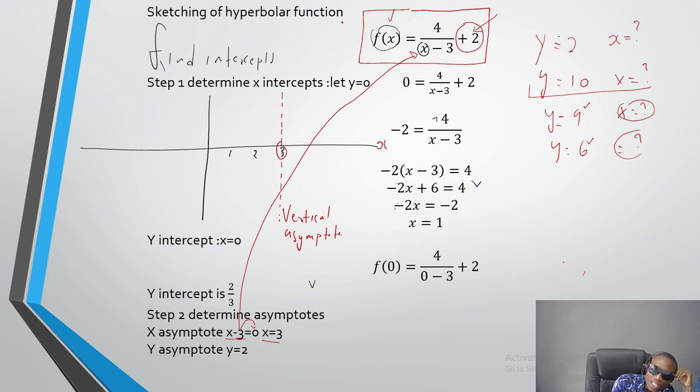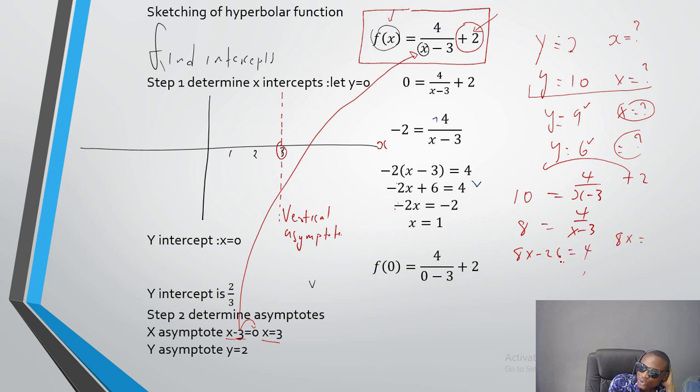So let's check. In f of x, we put 10. y is 10. What is the value of x? I will be quick here. Take 2 to the other side, 8. Cross multiply, 8x minus 26 equals 4. 8x equals, you take minus 26 to this side, 4 plus 26 is 30.